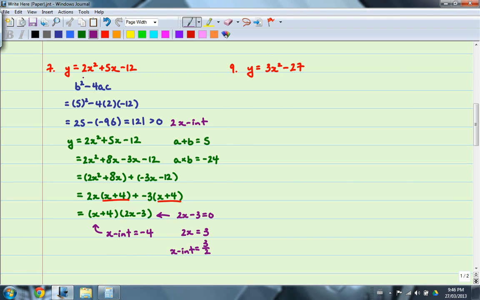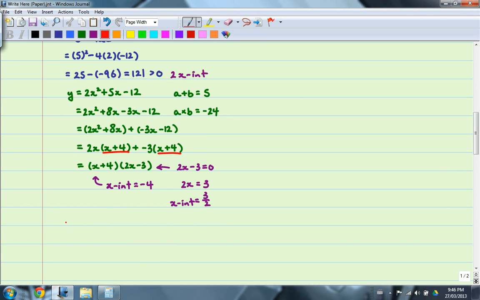So far we have found the discriminant, we have found the 2 x-intercepts, and the last part is to find the vertex. So the procedure for finding the vertex for us is to add up the 2 x-intercepts and then divide by 2.